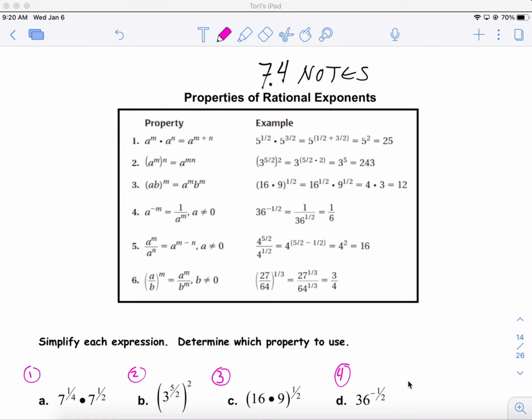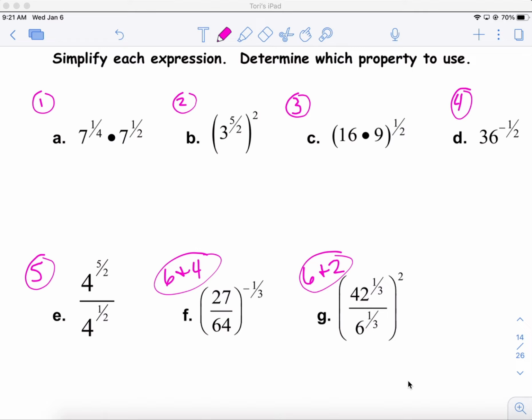All right, let's go ahead and look down here. The little numbers with the circles around them is me telling you which property above that we're using. So when I put a 1 with a circle, that means we're using the first property. 2 with a circle, second property. First property is that we are going to add the exponents whenever we are multiplying with the same base. On this problem, in order to add exponents, I do need to have the same common denominator.